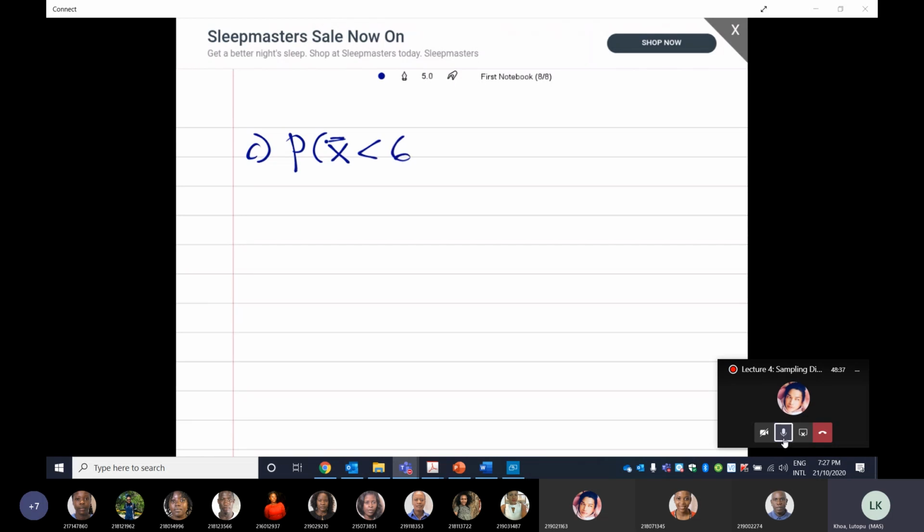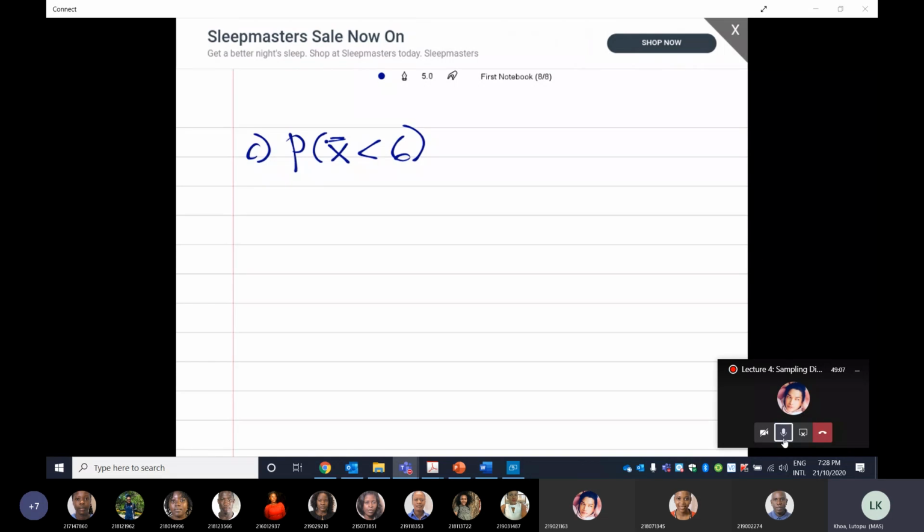Again, just by thinking about it, the average is around 8.2 and the variation from 8.2 is so small, we are expecting this to be very small, almost zero, because almost everybody is waiting around 8 minutes. So if somebody says that they waited less than 6 minutes, that is a rare thing.